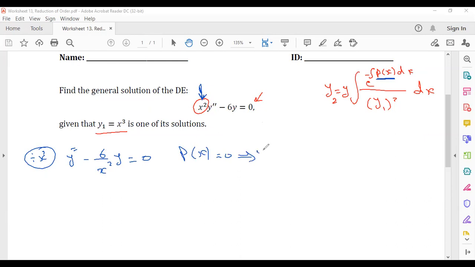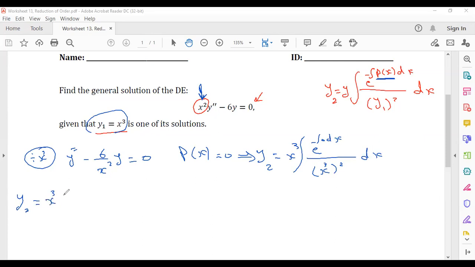So now my y2: where is my y1? y1 is x cubed. So here, x to the power 3 integral e to the negative integral of 0 dx, divided by my y1, x cubed, all squared, dx. So my y2 equals x cubed times the integral of 0.